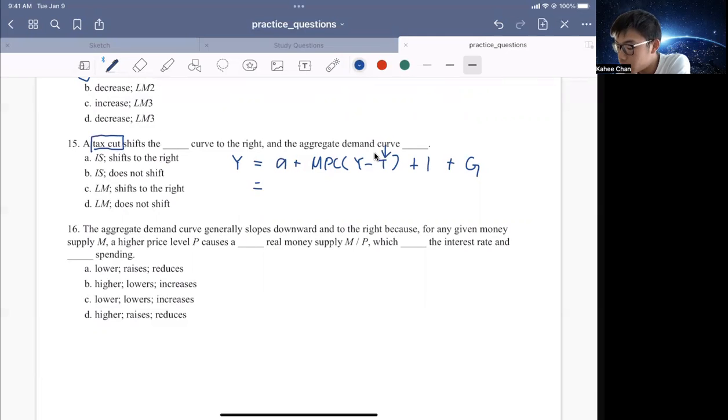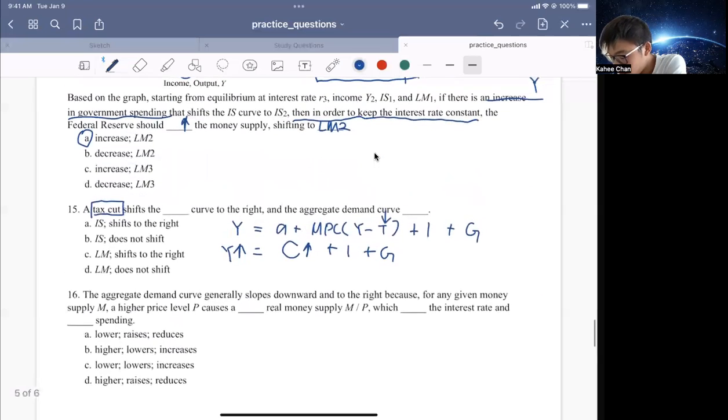So everything here should be increased. C is going to increase. So Y is also going to increase, right? When there's an increase in C, it also increases Y.